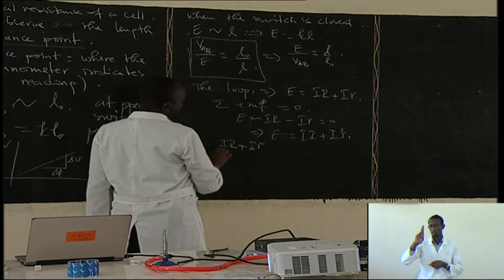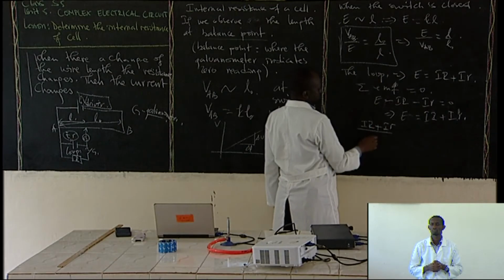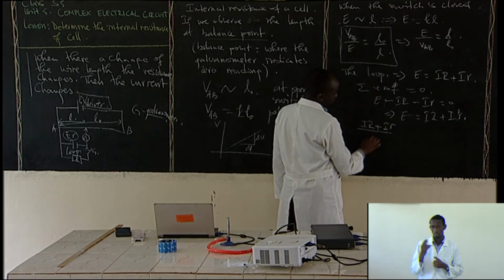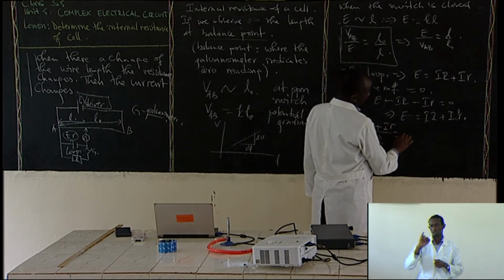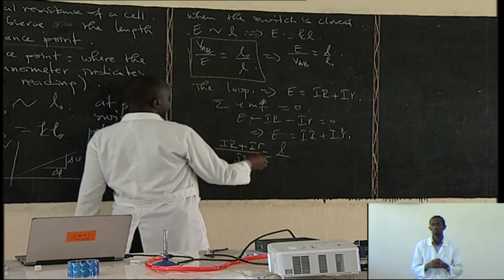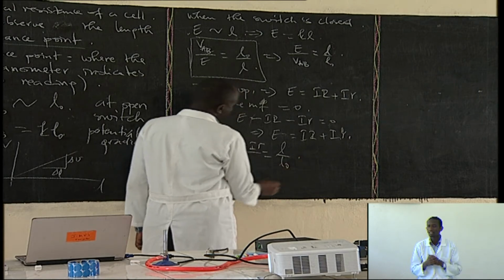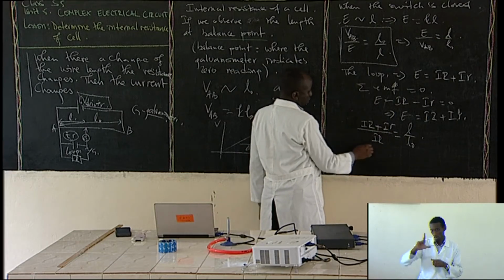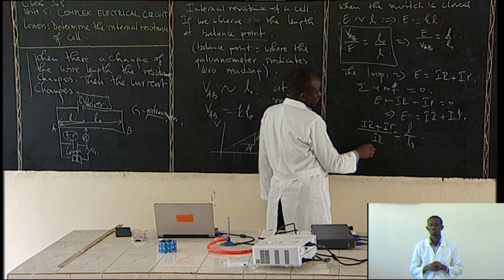IR, and here this VAB is equal to this IR, and then this is equal to L over what? So L0, and then we end up determining what this is going to be.